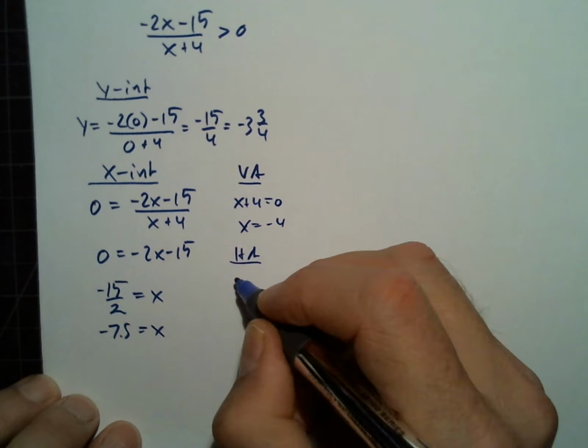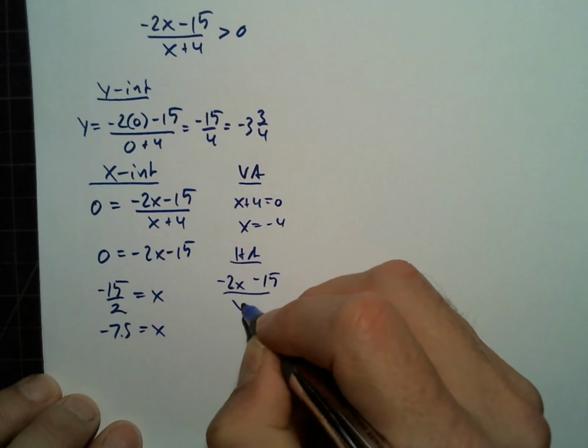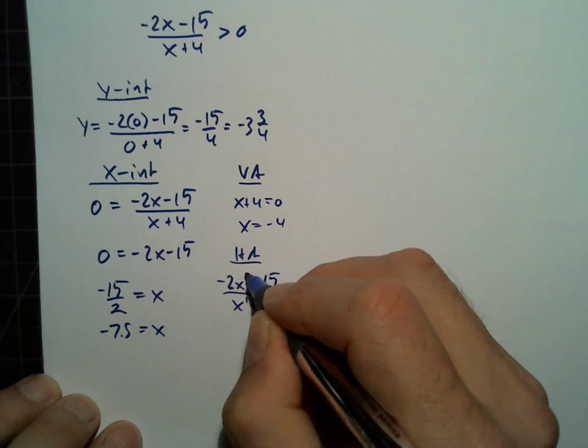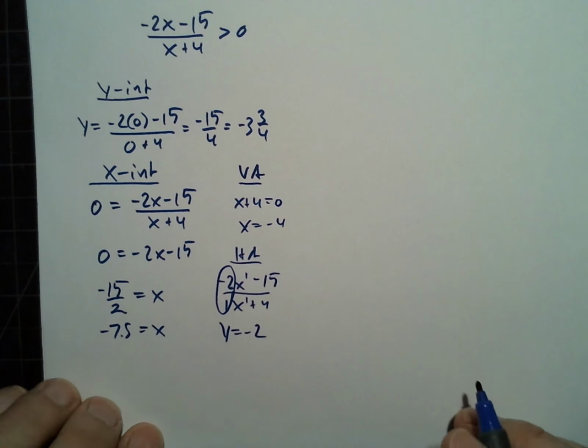Horizontal asymptote, we compare the exponents. Same exponent, so we take the coefficients.